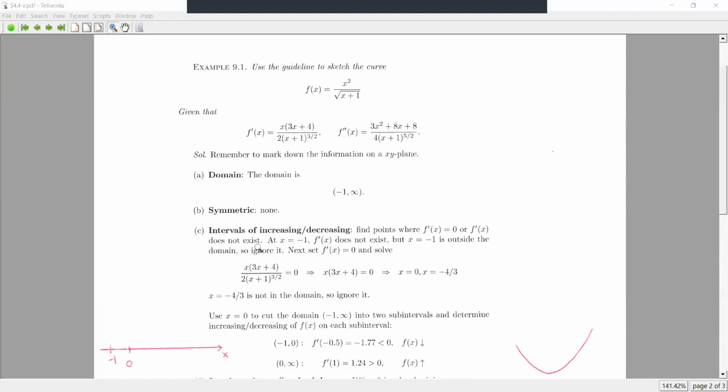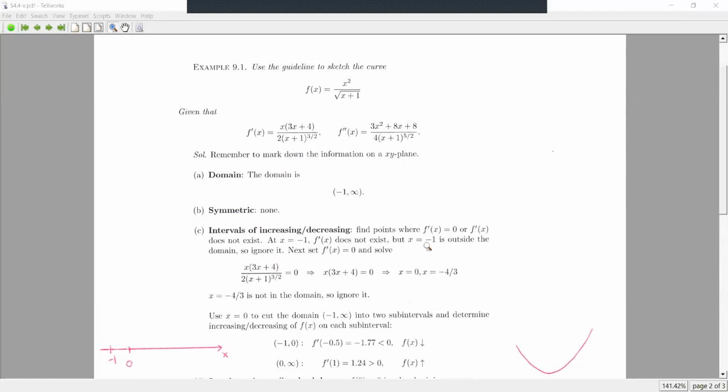Okay, now let me find the points where the derivative doesn't exist first. The derivative is here. Clearly, when x is -1, the denominator is 0. There, the derivative doesn't exist. So at -1 the derivative doesn't exist.